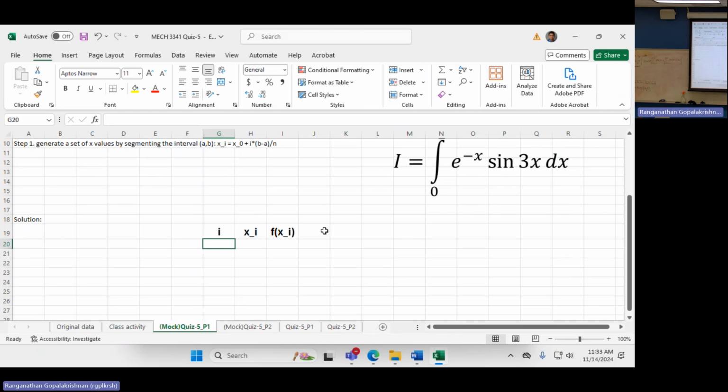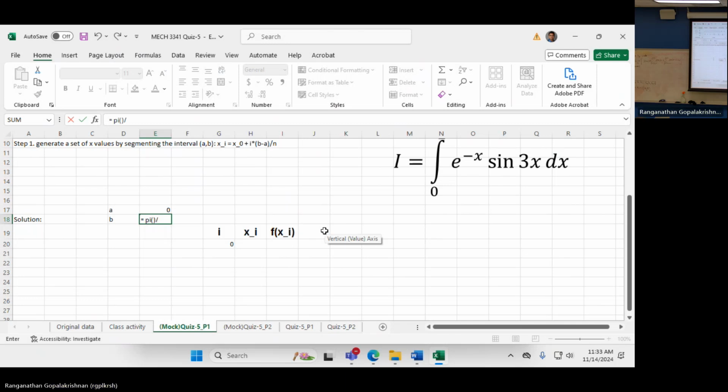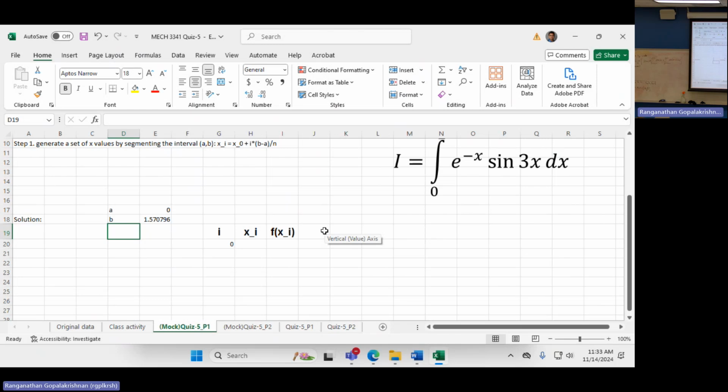What is i? If i is 0, xi is a, which in this case is 0. So I'll write here a, b. a is 0 and b is pi by 2. Can you see properly? Is the font okay?